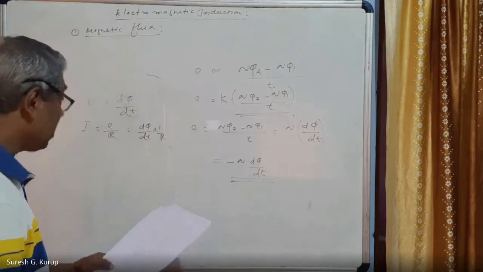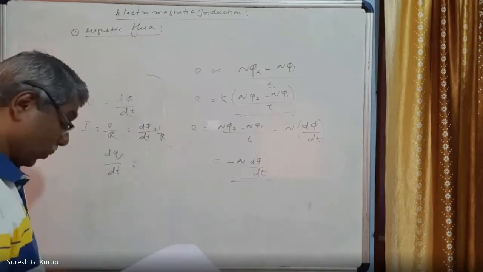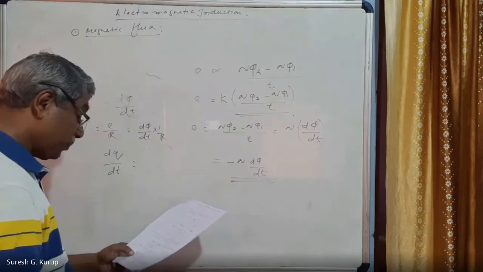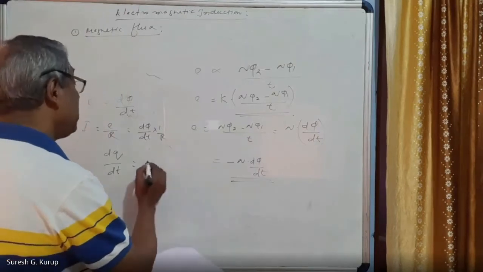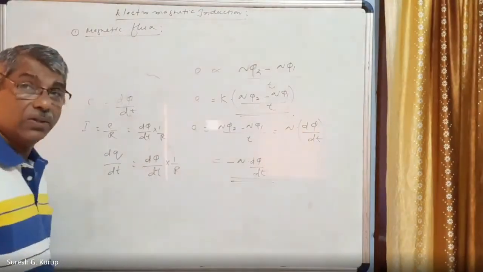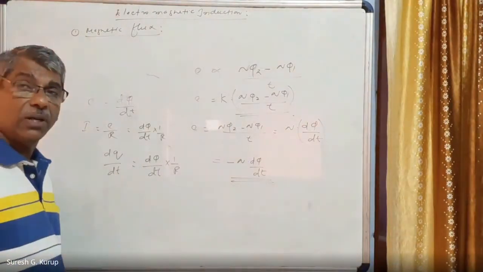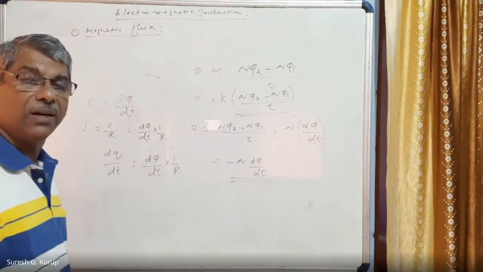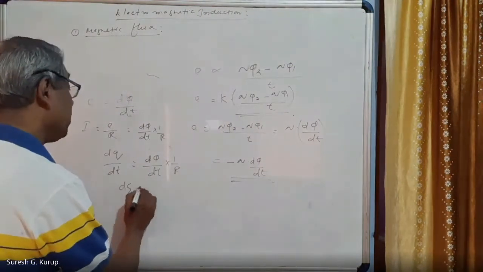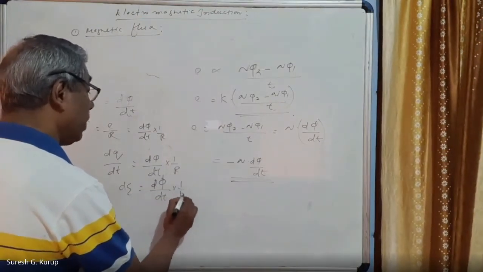Am I correct? But I is equal to dq by dt. Therefore, dq by dt is equal to d phi by dt into 1 by R. Because I is equal to dq by dt, the amount of charge passing in the coil is given by dq is equal to d phi by dt into 1 by R into dt.